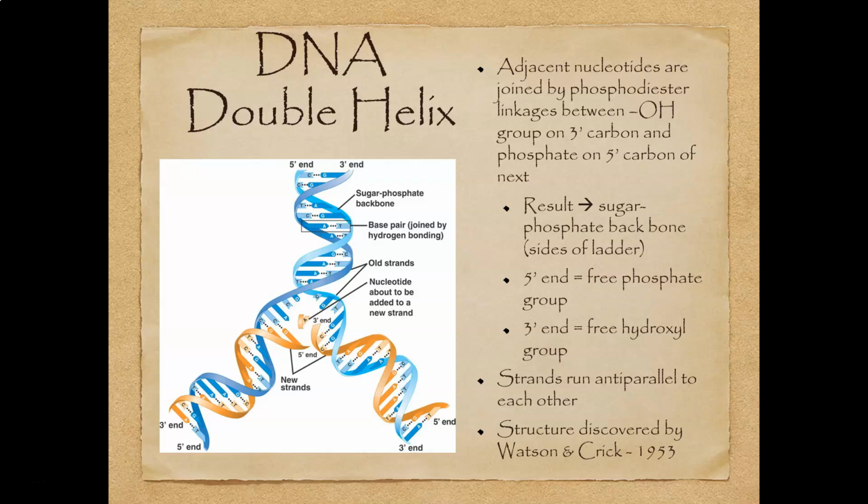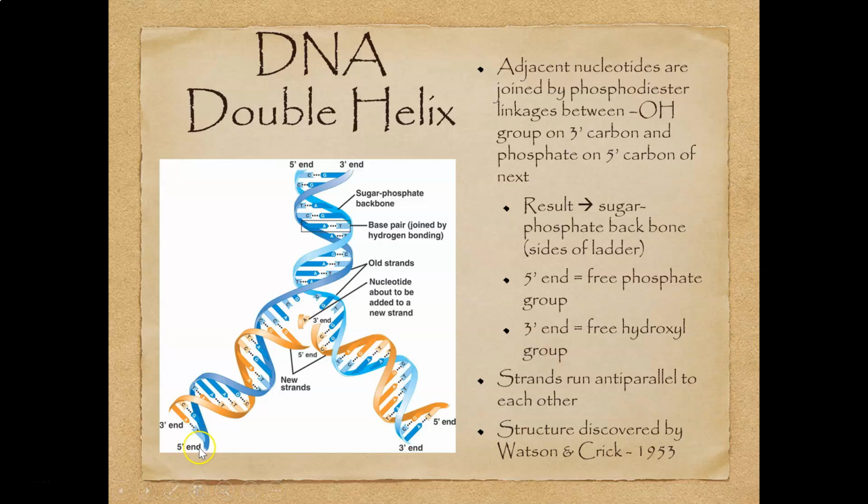Those phosphodiester linkages can only happen between the 3' carbon of one sugar and the 5' phosphate group coming off of the 5' carbon, so there's order to these strands. You'll always have a 3' end that will link all the way down to a 5' end.